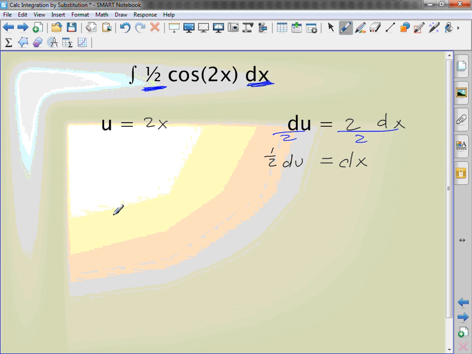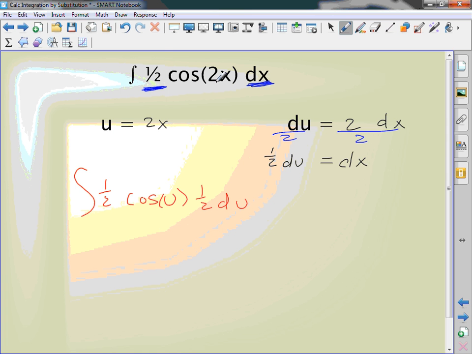So if I put in the substitution, 1/2 can stay there. It's a constant. Cosine of u, and then I have 1/2 du. The coefficient stays out front.